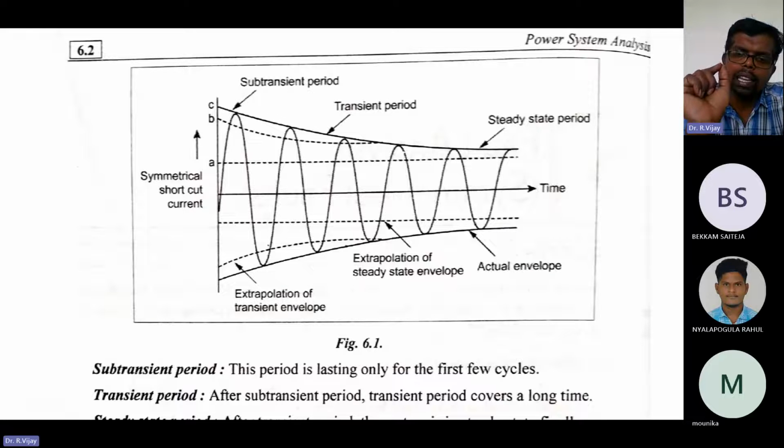So one line can touch another line just for a few milliseconds or a few microseconds. Like, it just touches and comes back. Okay, in that time you may feel this kind of sub-transient period. This period lasts only for a few seconds.